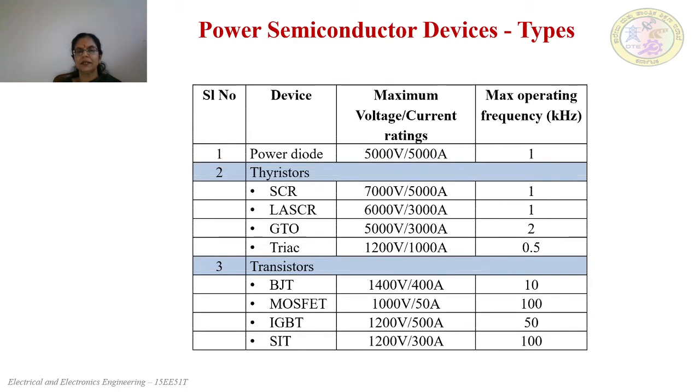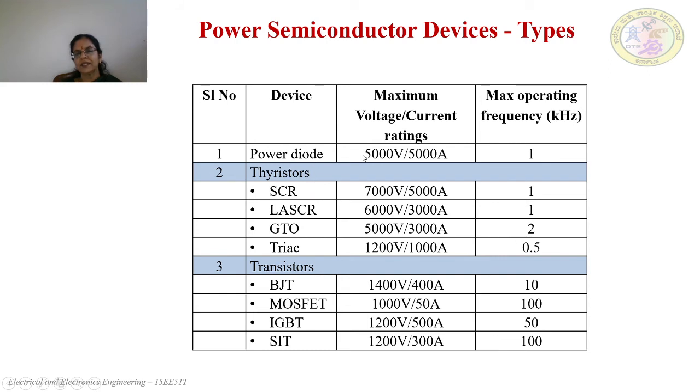The power semiconductor devices are classified into three types: power diode, thyristors and transistors. For power diode, the voltage and current rating and operating frequencies are as shown in the table.